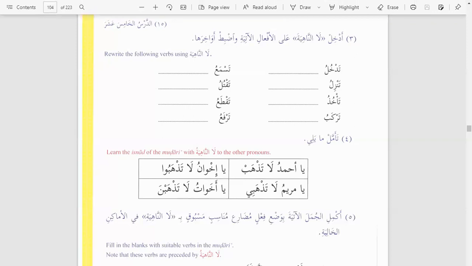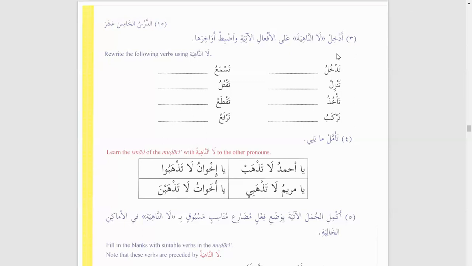No. This is fi'l al-amr. After fi'l al-amr, the noun has to be mansub. It's a universal fact, okay? Inshallah, we will repeat it many times. We have learned the imperative, which is adkhil, and the prohibitive, which is when you stop someone from doing something.